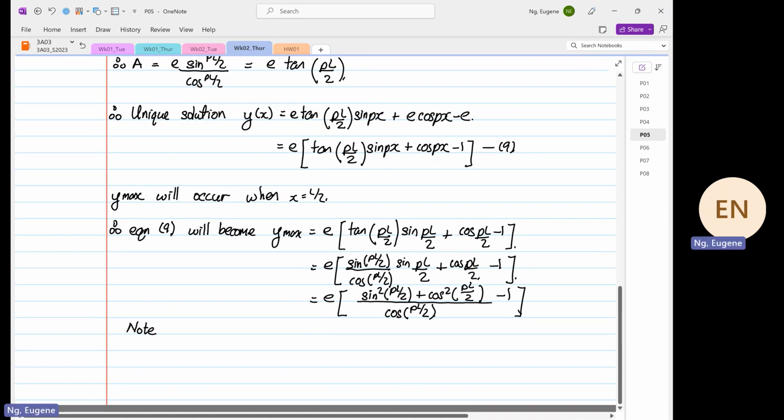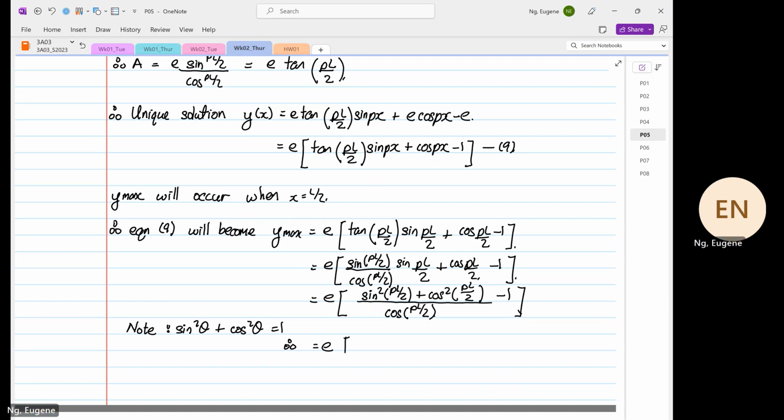Okay, so now this is equal to, just to remind us, sine squared theta plus cos squared theta is equal to 1. So therefore, we have E times 1 over cos pL over 2, and then the whole thing minus E. Okay.